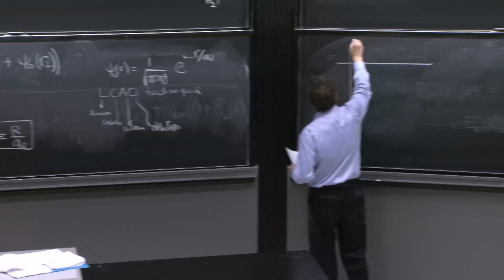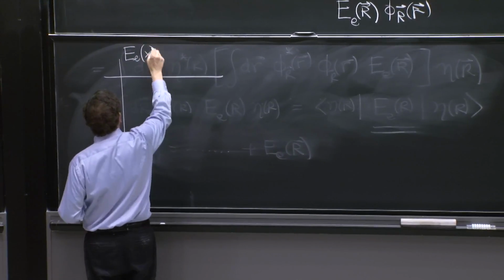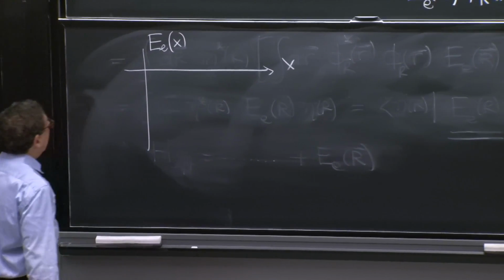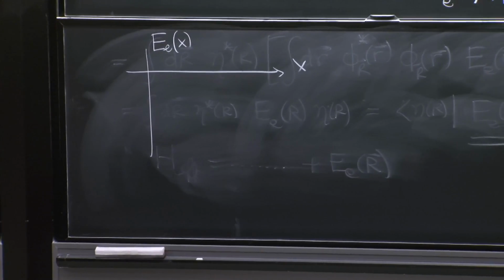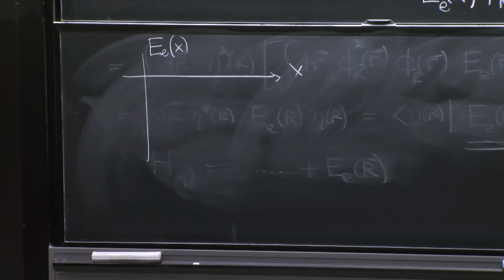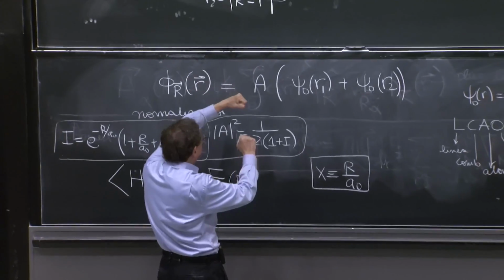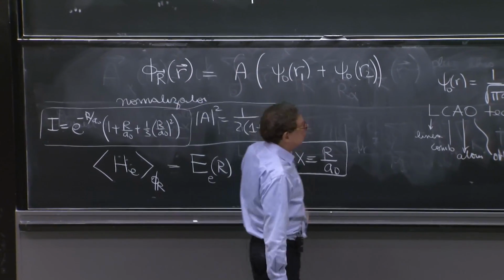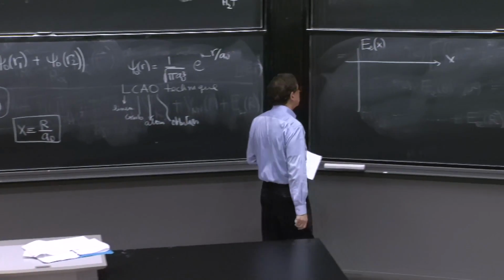So here is going to be the electronic energy as a function of x, and here is x. All right, so as x goes to 0, it means the nuclei are going on top of each other. That's the place where the wave function is not all that great, and that's not so good.